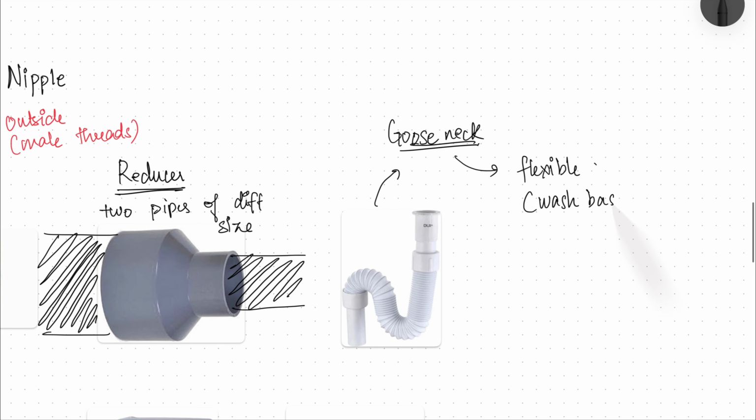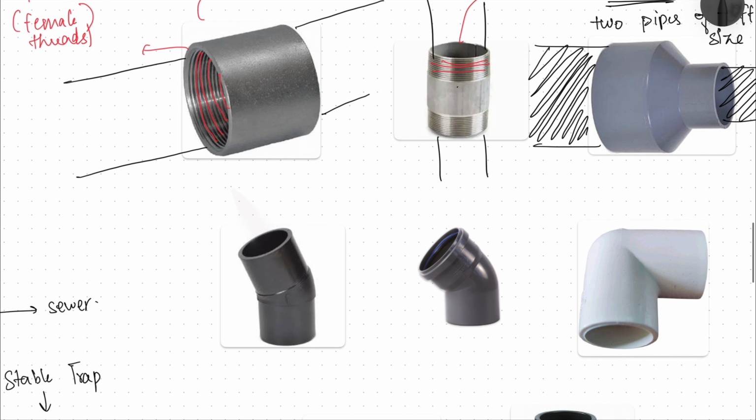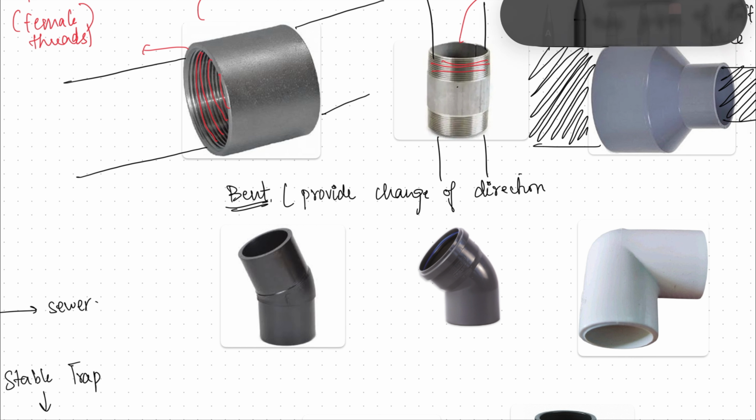Then we have bends and also elbows. They are used when you want to give a different direction to the pipes, so they provide a change of direction.